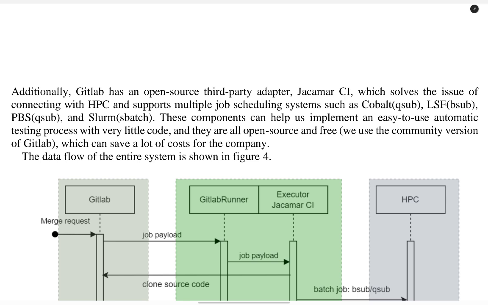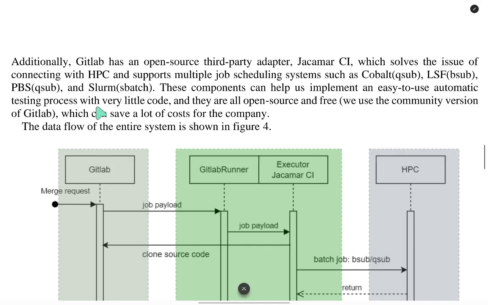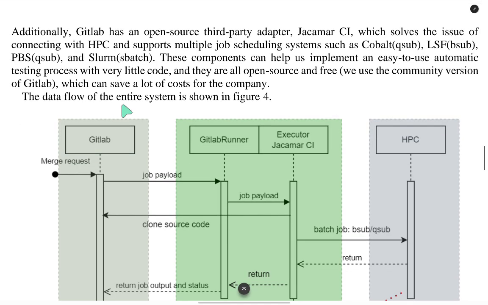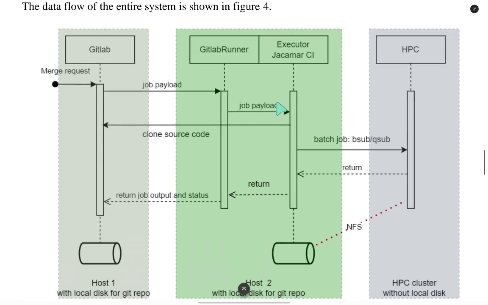These components can help us implement an easy-to-use automatic testing process with very little code, and they are all open source and free. We use the community version of GitLab, which saved a lot of cost for the company. The data flow of the entire system is shown in Figure 4.